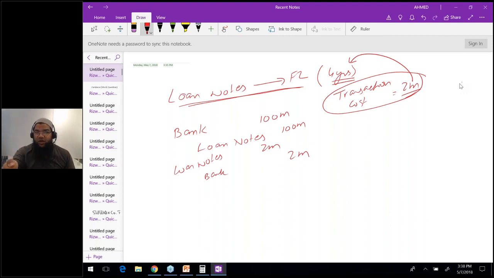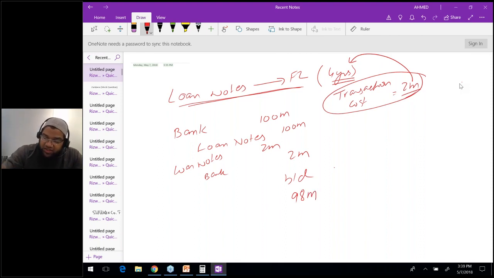This is a type of prepaid expense for me, but it shall not be created as a separate asset. Instead, we net it off from the financial liability. That is why it reduces the financial liability in the balance sheet. Now my loan brought down will become 98, that is 100 minus 2.